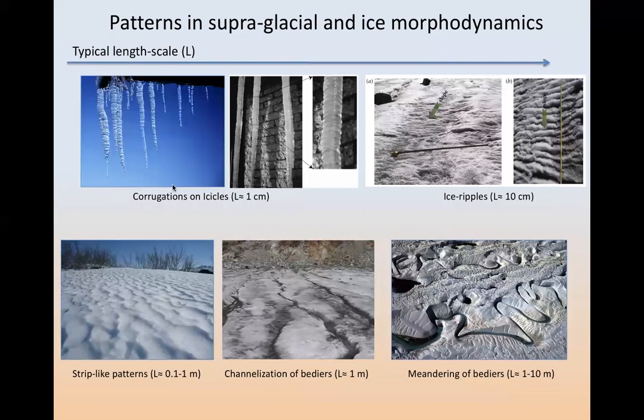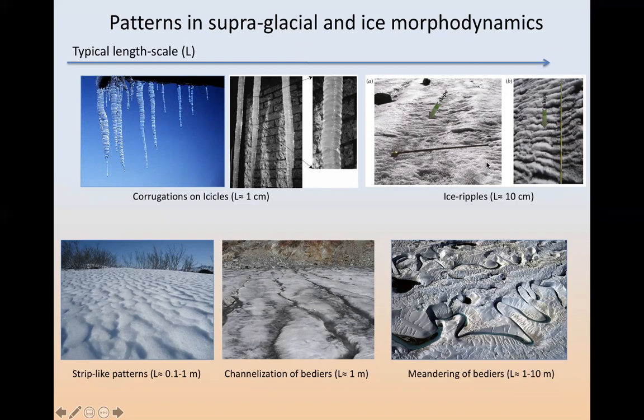So let's take a look at some patterns in supraglacial and ice morphodynamics, with increasing length scale, from corrugation on icicles to what I call ice ripples on glacier. This is my photograph, which I took on Chardonnay Glacier in Aosta Valley.